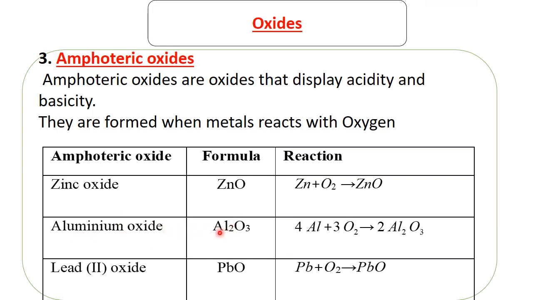Aluminium oxide is written like this, and aluminium, which is a metal, reacts with oxygen to form this amphoteric oxide. Then we have lead(II) oxide, which is written like this, and lead reacts with oxygen to form lead(II) oxide. So these are how amphoteric oxides are formed.